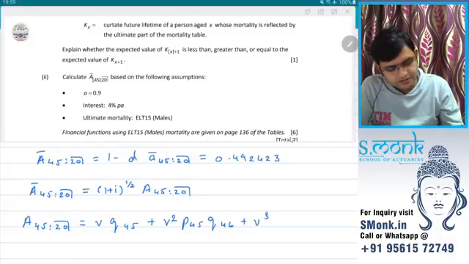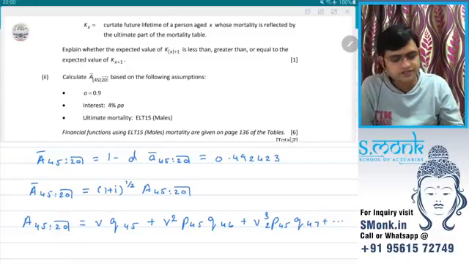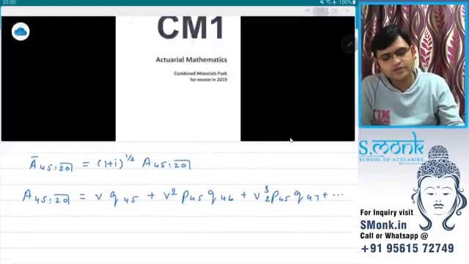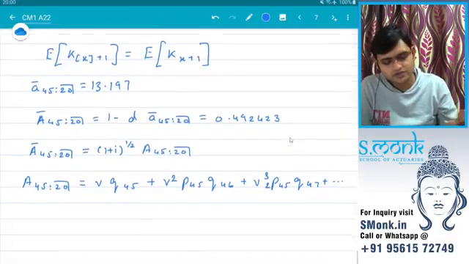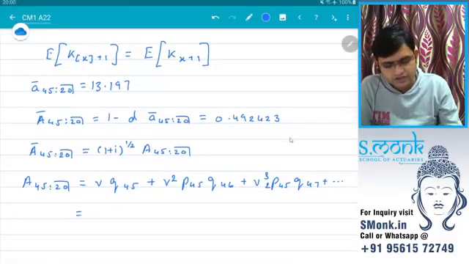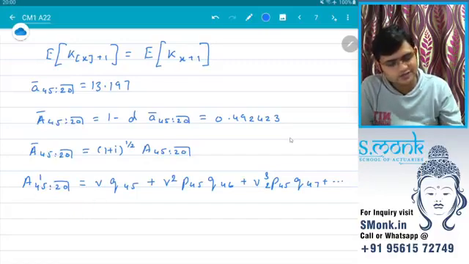And similarly, v cubed 2p45 q47, and this goes on for 19 years, and then we will have a pure endowment and so on. Okay, for now I am not writing anything there. Let me just write it in terms of this dash, and it goes for 19 years. We understand, right?